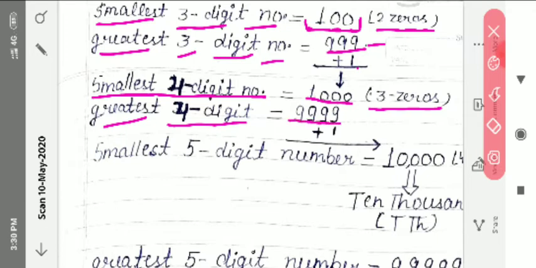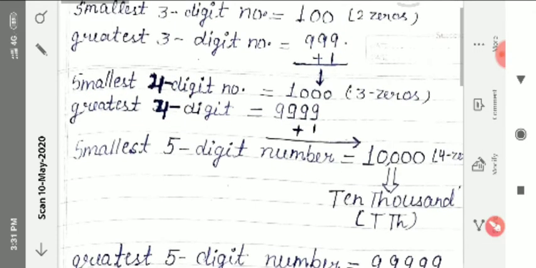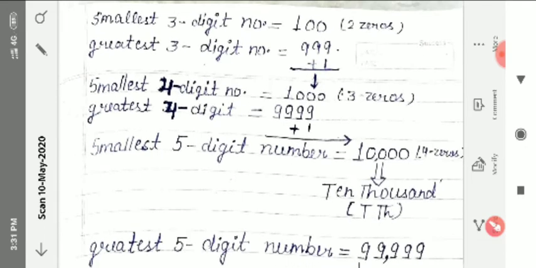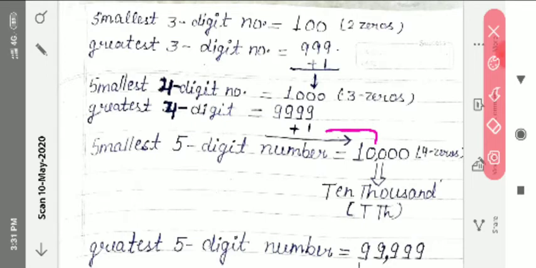Here you can see 9999. If we add 1 here, what will be the answer? 10000.